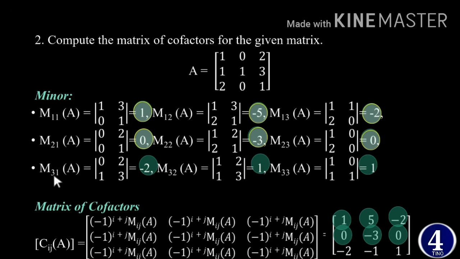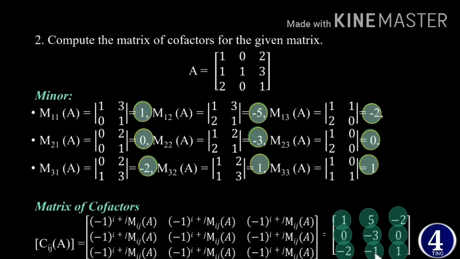3 + 1 is 4, so -1 the power of 4 is +1, times -2 gives -2, so we put -2. At this location it is 3, 2, which gives 5, so -1 the power of 5 is -1, and -1 times 1 is -1.